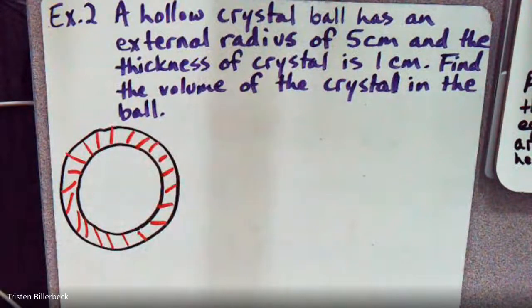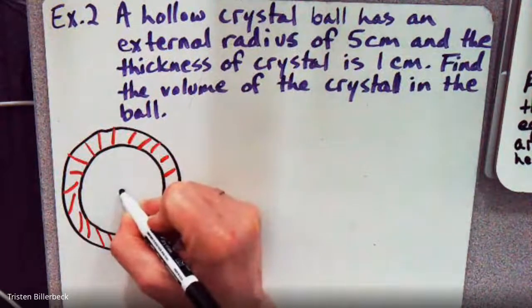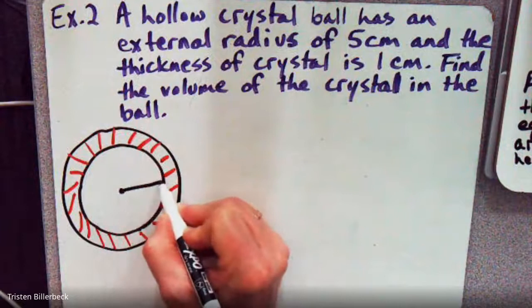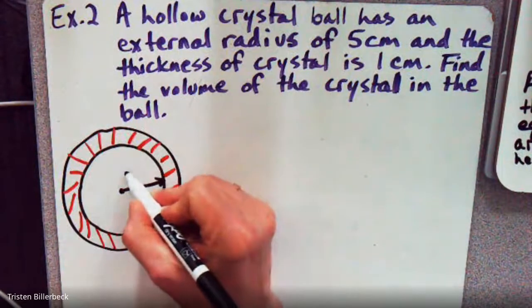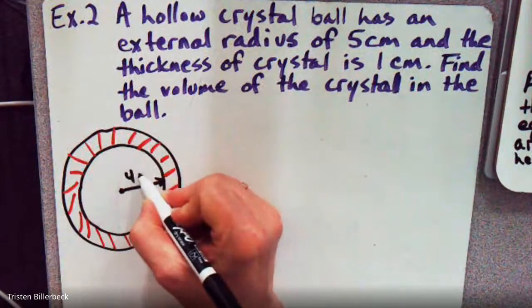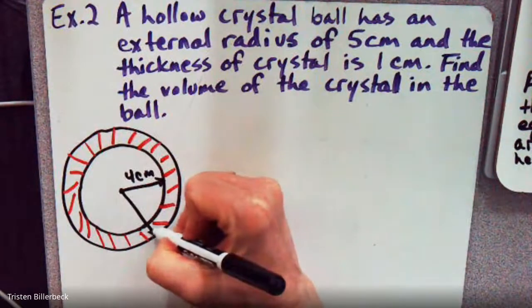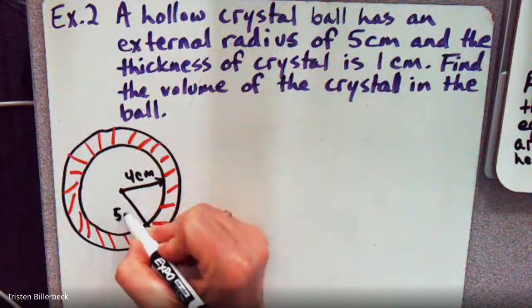So we've got a little annulus going. If I look at the radius, the inside radius here is 4 centimeters, and then the outer radius here is 5 centimeters.